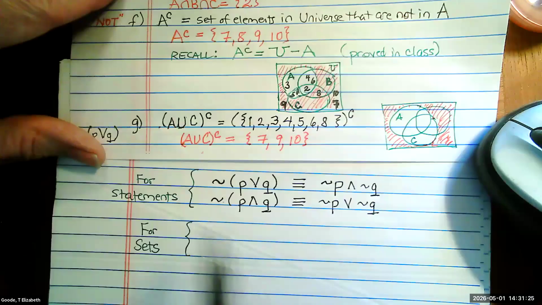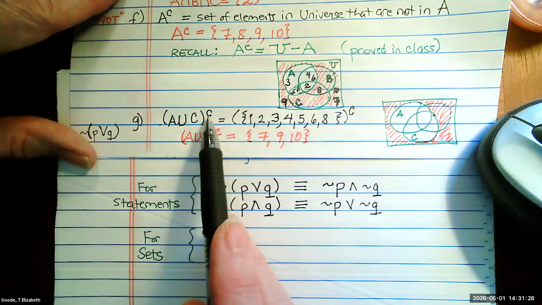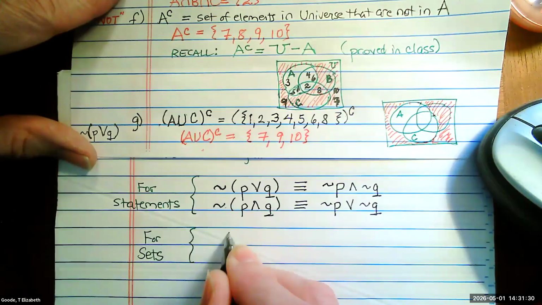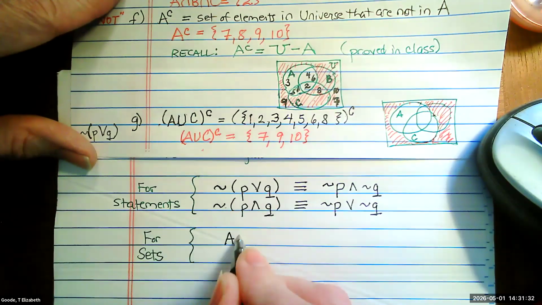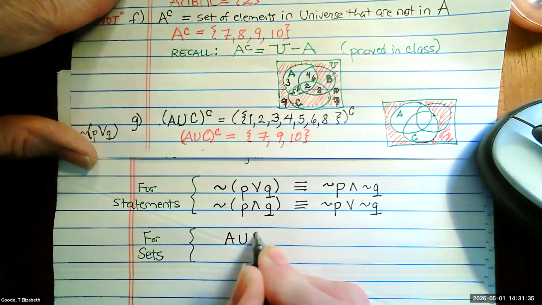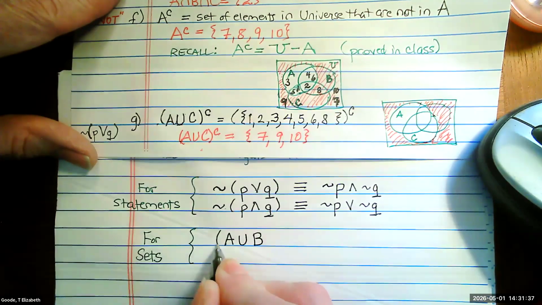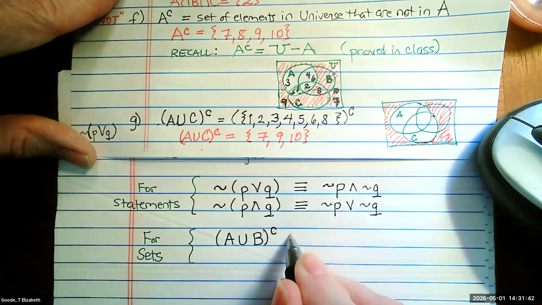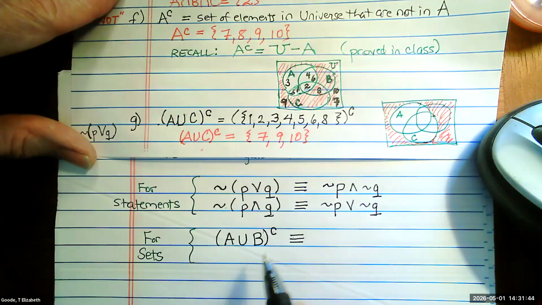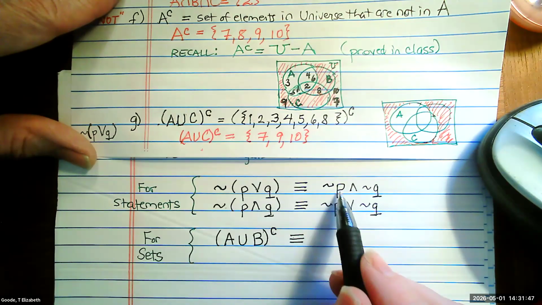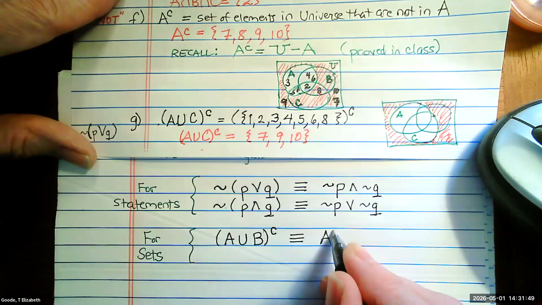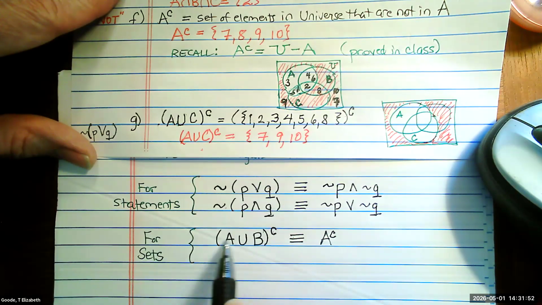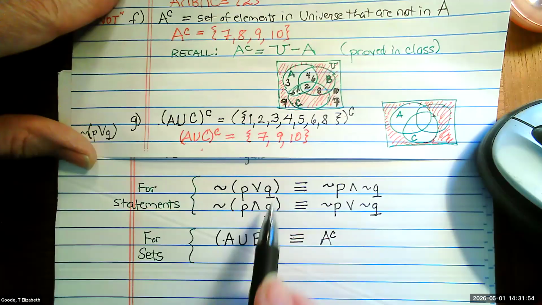This set that we just found was A union C complement. And union is like our or. I'm just going to use the set B, doesn't matter. If we take A union B complement, then we can see that that's going to be A complement, because the complement is getting distributed the way the not got distributed.